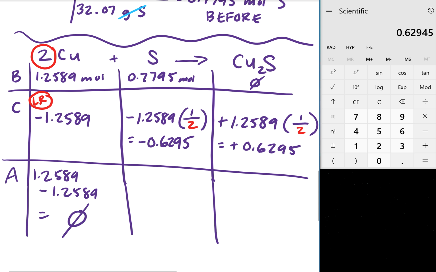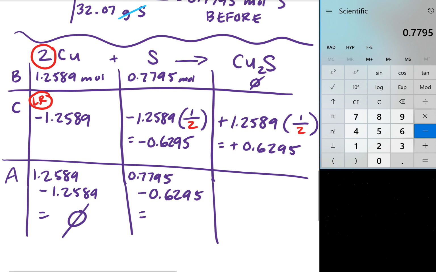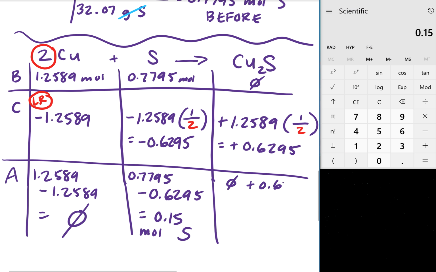For the sulfur, we started with 0.7795, and you will subtract 0.6295. So 0.7795 minus 0.6295, and you get 0.15 moles of sulfur. And for your product, it is 0 plus 0.6295, so obviously you're making 0.6295 moles of copper sulfide.